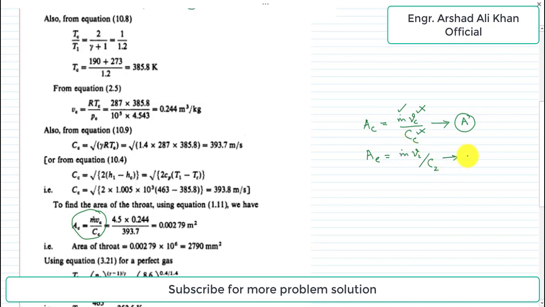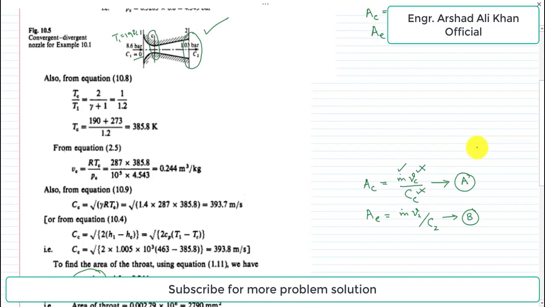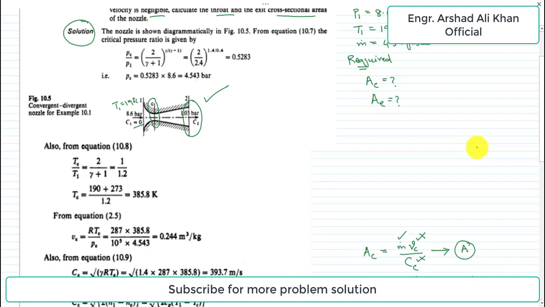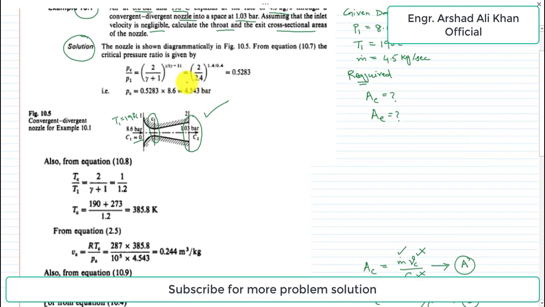Let's suppose this is expression B. It is also mentioned in the convergent-divergent nozzle sketch that inlet is designated with 1, mid section or throat is designated with C, and the exit of the nozzle is designated with 2.